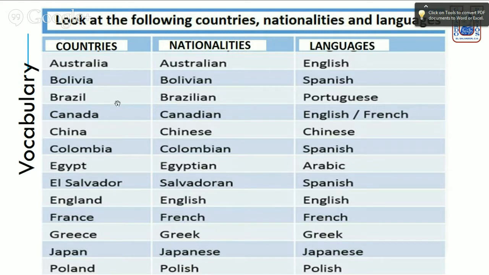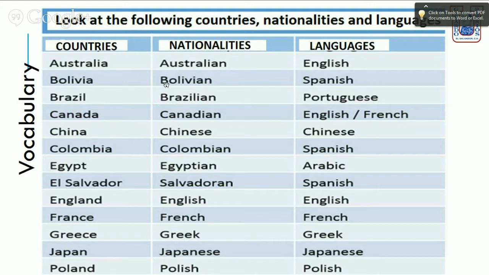I want you to listen carefully to the pronunciation that I will perform right now. So, countries: Australia, Bolivia, Brazil, Canada, China, Colombia, Egypt, El Salvador, England, France, Greece, Japan, Poland.